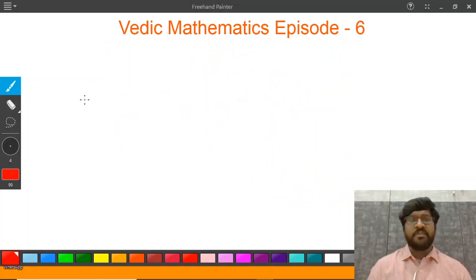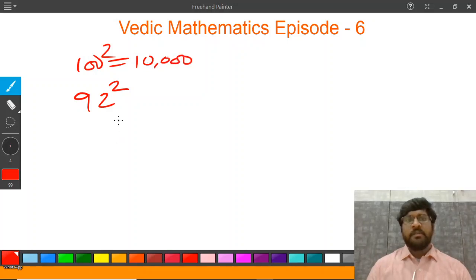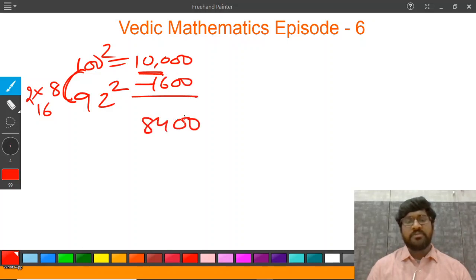Consider one more. Let's say I'm interested in finding 92 square. First, 100 square is 10,000 and the difference between 100 and 92 is 8. Since this is 8 less, into 2, 1600 I have to subtract. If I subtract 1600 from this, I get 8,400.